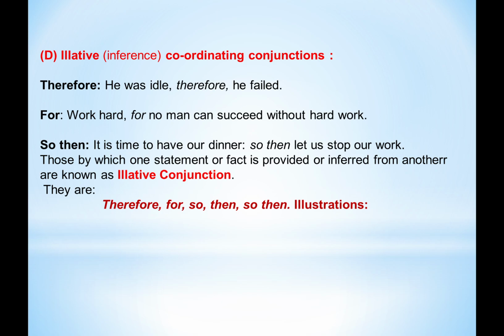So then: It is time to have our dinner, so then let us stop our work. Those by which one statement or fact is inferred from another are known as illative conjunctions. They are therefore, for, so then.